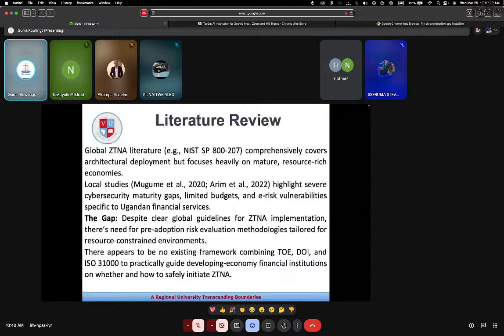We have some local studies, for example, a paper by Mugume. It highlights severe cybersecurity maturity gaps here in Uganda, limited budgets, and e-risk vulnerabilities specific to the Ugandan financial services.